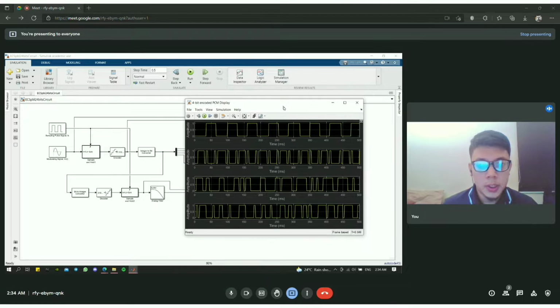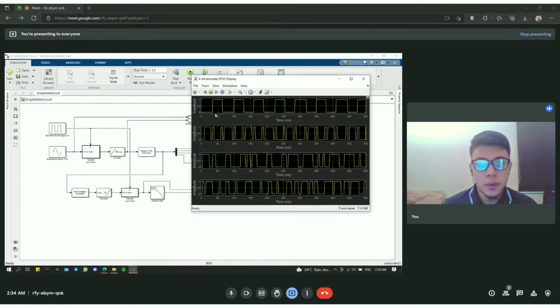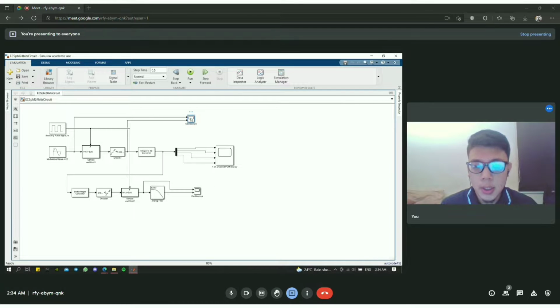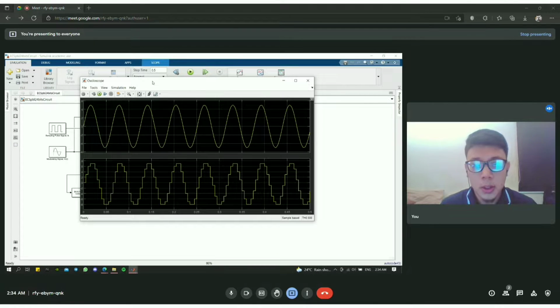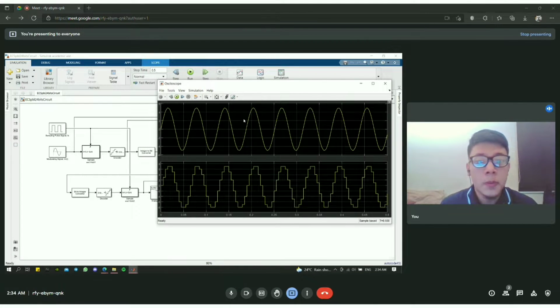You can see here the PCM display shows 4 signals because it is 4 bits. This is the signal. Then we can also see how it is turned into the digital signal. Here is the original signal, and this is the quantization process of the original signal.